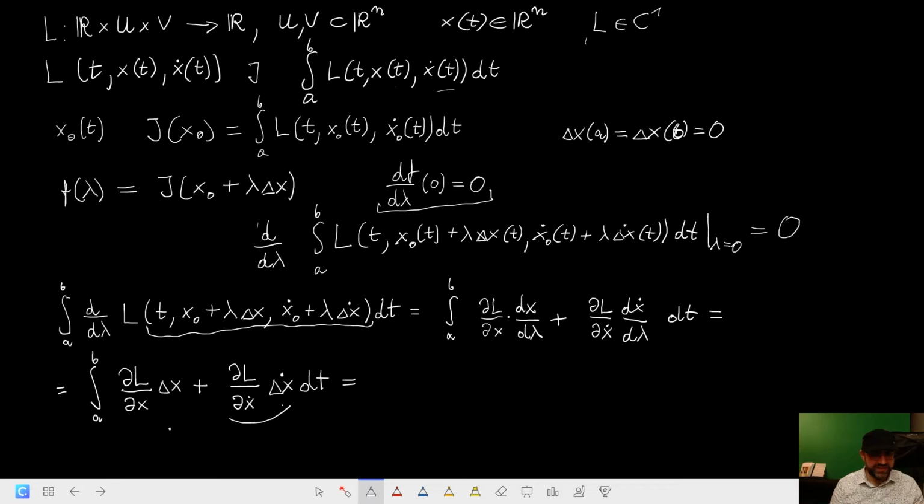So let's rewrite this integral on the next board.